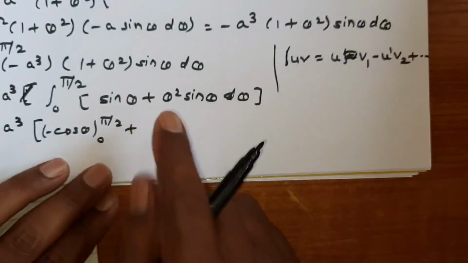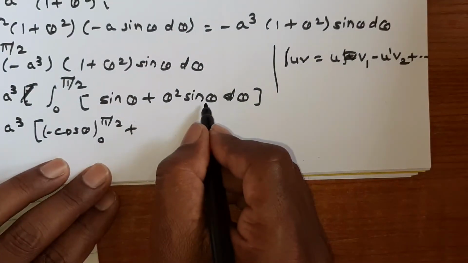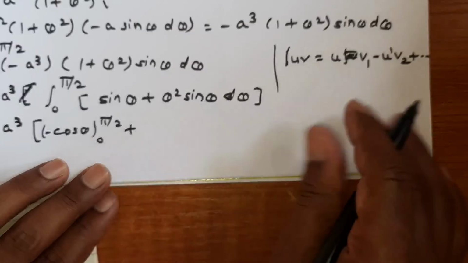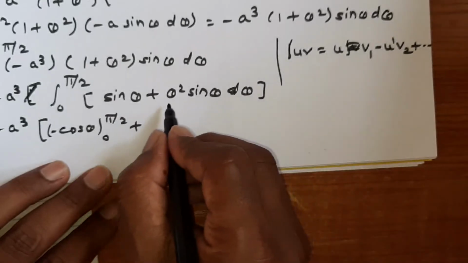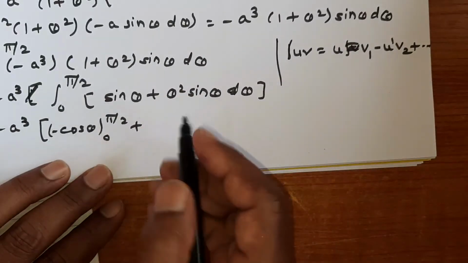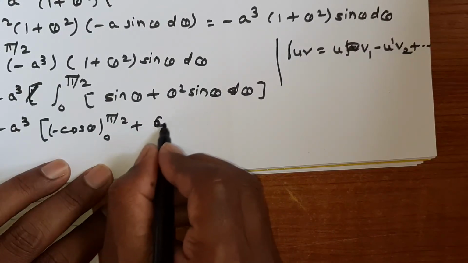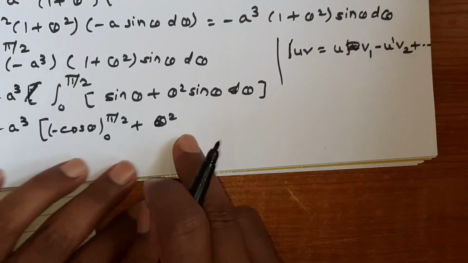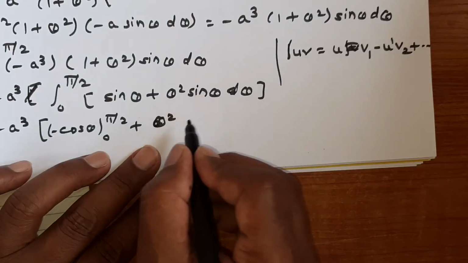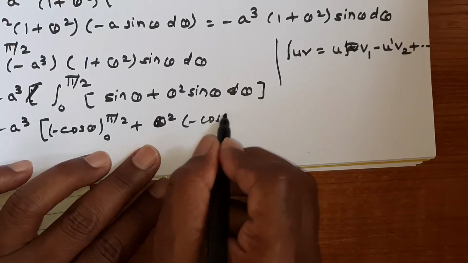So here theta square, no, sin theta is my v and theta square I take as u. So theta square as it is, and the integration of sin theta is minus cos theta.